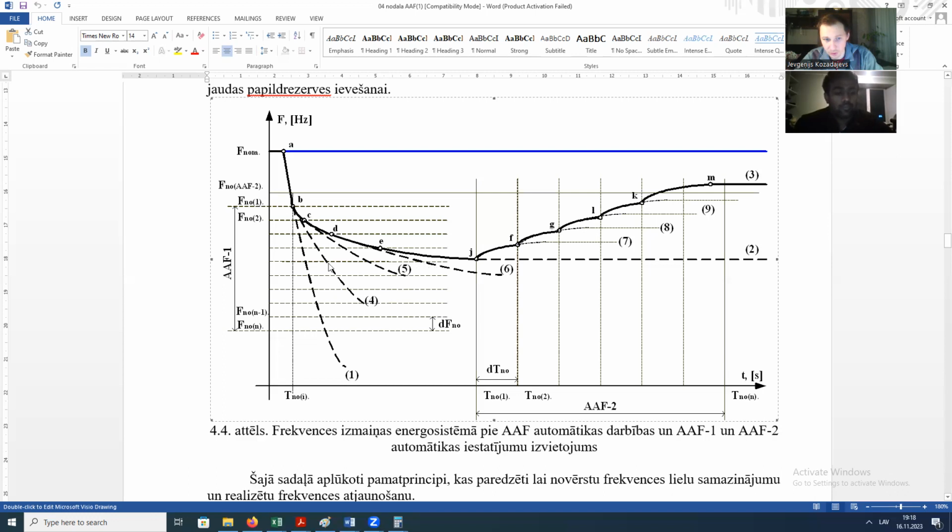We don't reach the next set point of the next group of consumer disconnection, yes. Here, of course, are different possible scenarios. This is only one, yeah, what we're discussing.